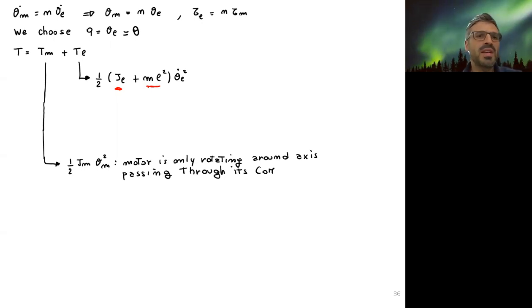Okay, but in this case, we take this approach and we consider the inertia about the z-axis. So the link body will be only rotating at a certain velocity theta L dot, and we'll have a kinetic energy that is this one.